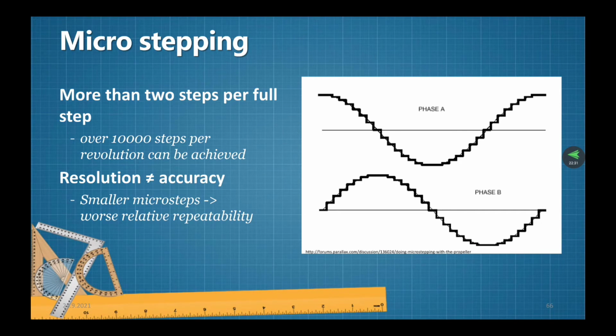Smaller microsteps improve relative repeatability, and the torque between 2 microsteps is small. Reduce the torque compared to the full step dual phase control.